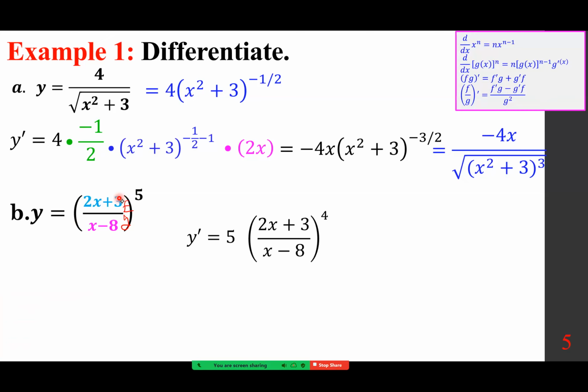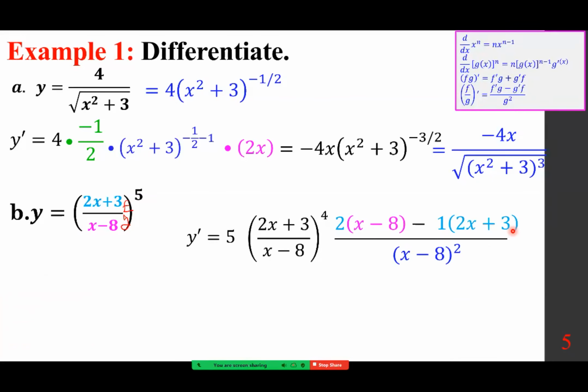So f prime, which makes it 2, times g, x minus 8, minus g prime, which makes it 1, times f, which is minus 1 times 2x plus 3, and the bottom squared. Going to distribute: 2x minus 16 minus 2x minus 3, and these two cancel each other. These two give us negative 19.